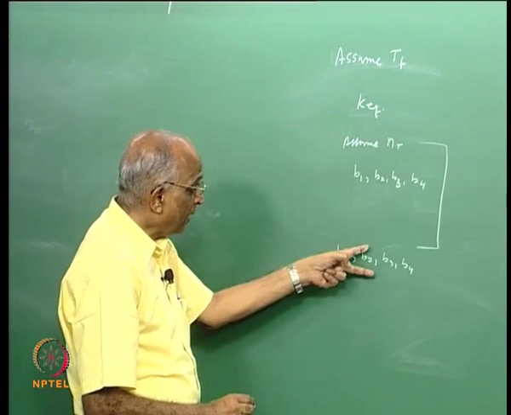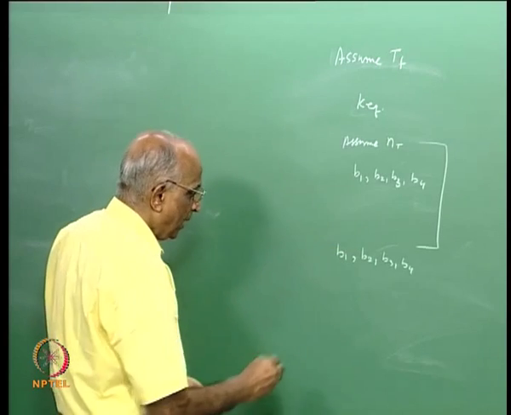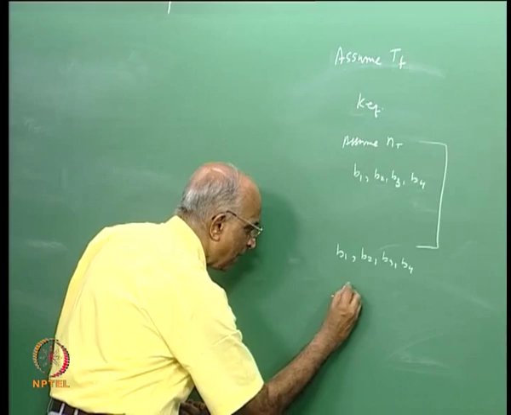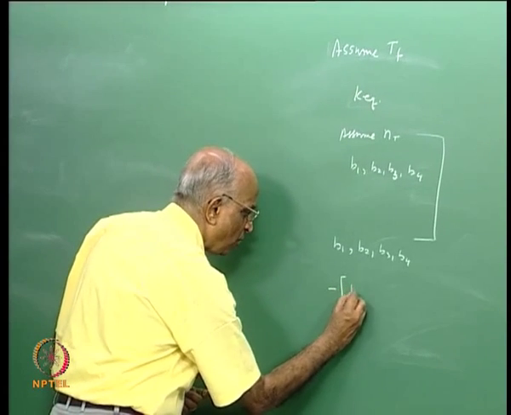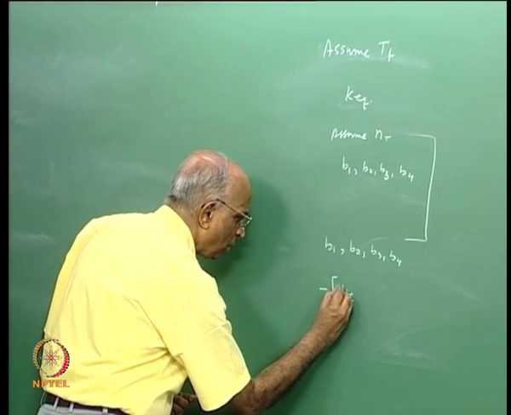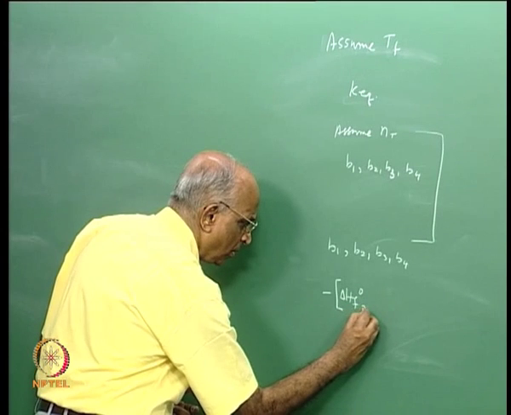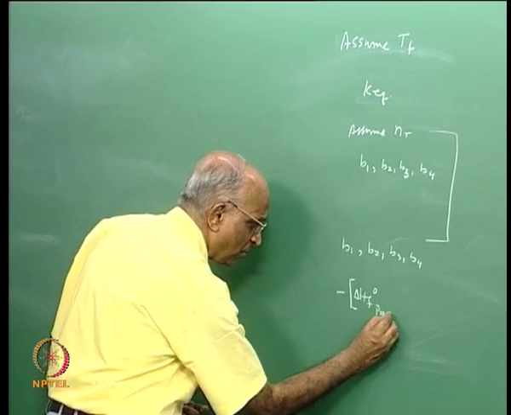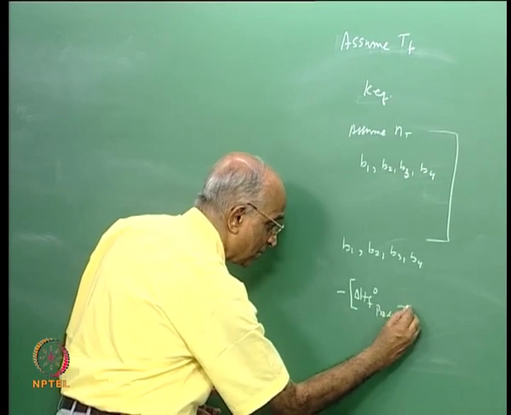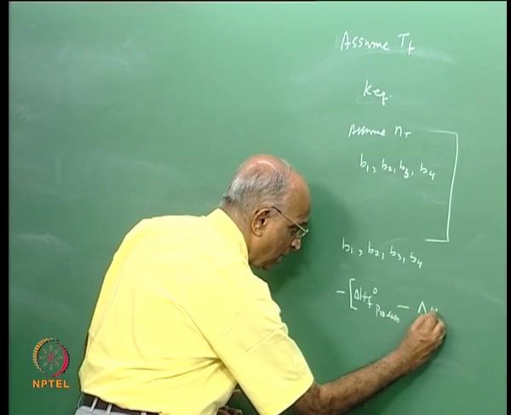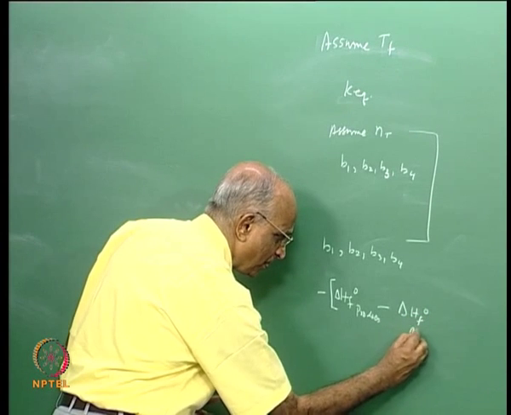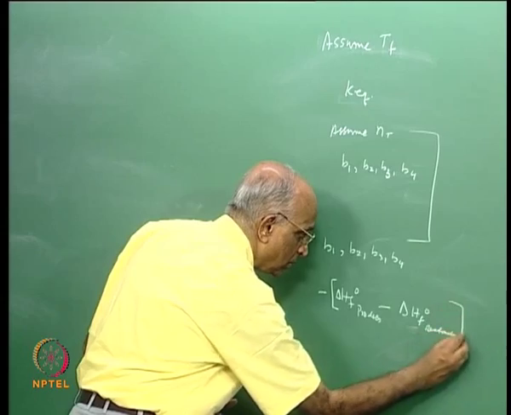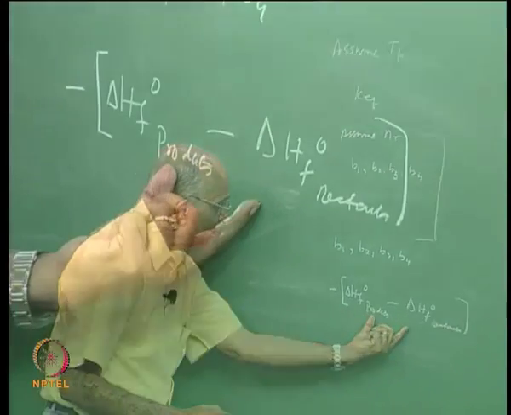But then I use these B1, B2 in the enthalpy balance. What is it I do in the enthalpy balance? In the enthalpy balance, I sum up the heat of formation of the total products. That means I multiply by Bi into delta HFi for the products, minus I take the net heat of formation of the reactants, and where does this part of the heat go?